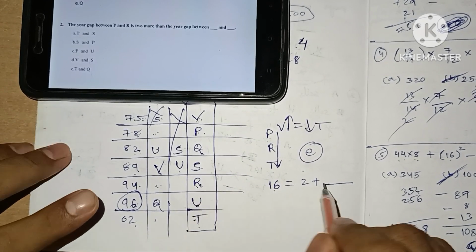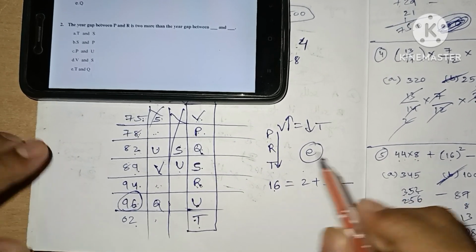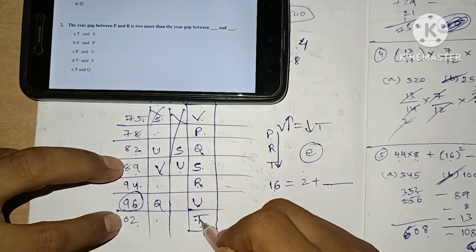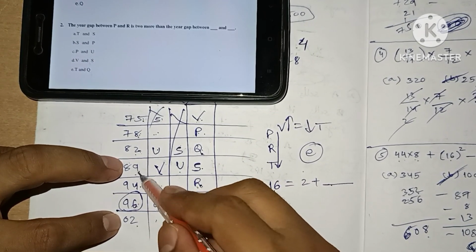So here we need to get the value of 14 between 2 persons, T and S. T is here and S is here. So the gap between these two is 11 plus 2, 13.